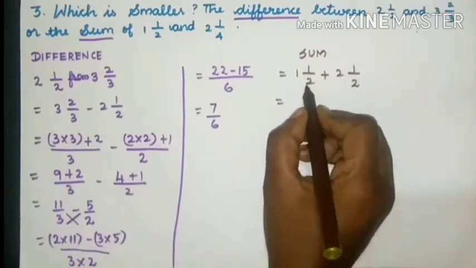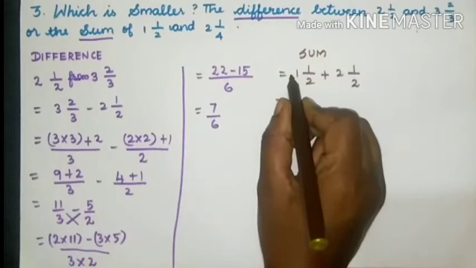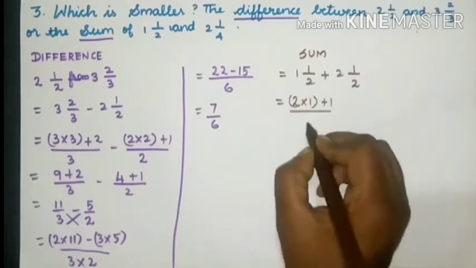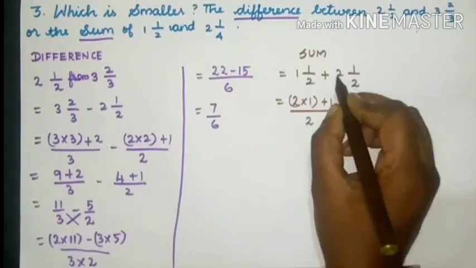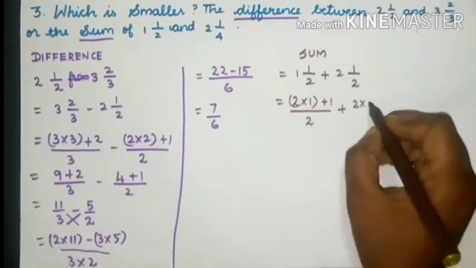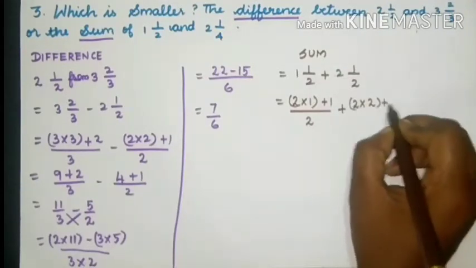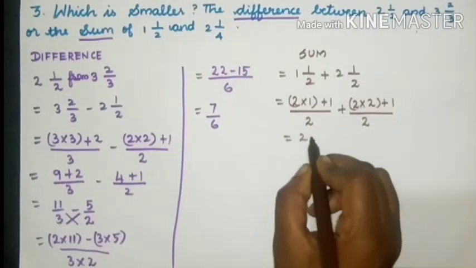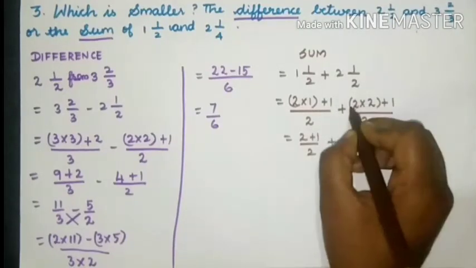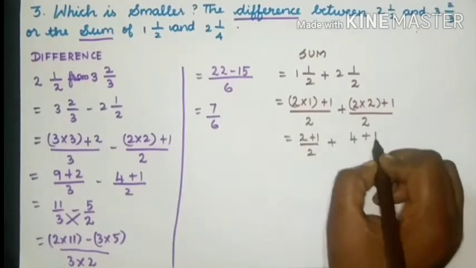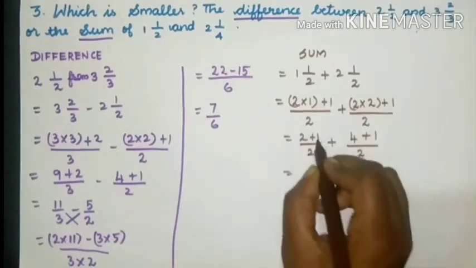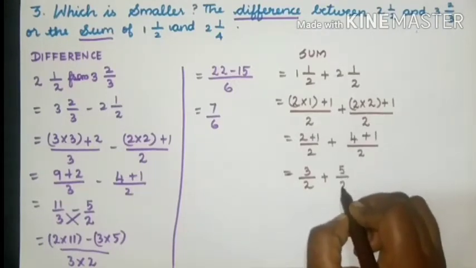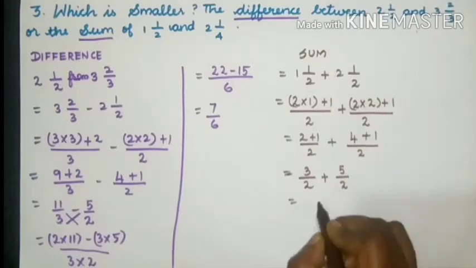Similarly, we multiply the denominator with the whole number plus numerator. 2 1s are 2, 2 plus 1 divided by 2, plus 2 2s are 4, 4 plus 1 divided by 2. 2 plus 1 is 3. 3 by 2 plus 4 plus 1 is 5 by 2.